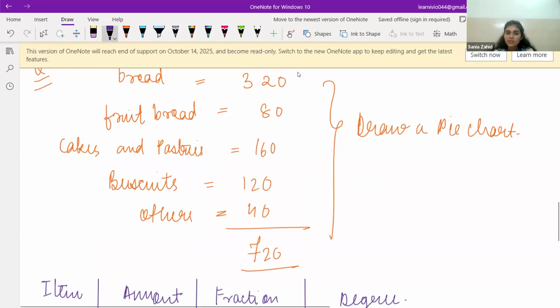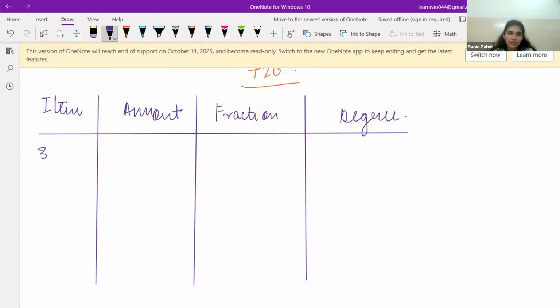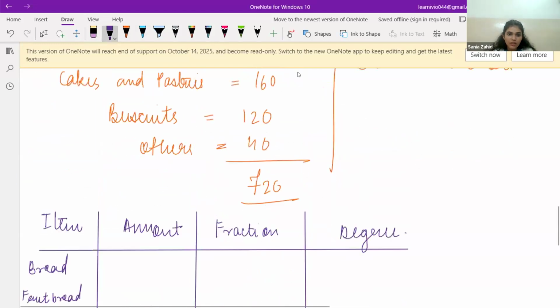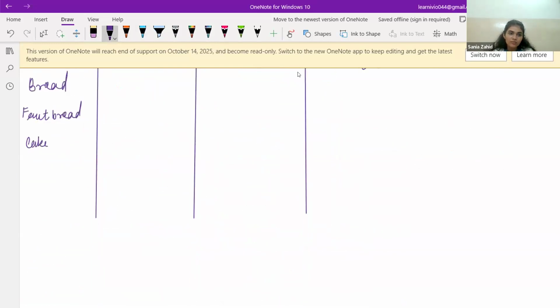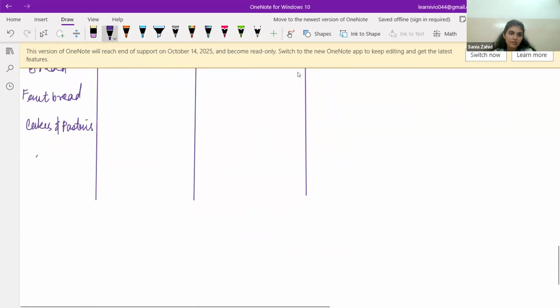Okay. The bread is 320. Wait. You have bread. Children, keep drawing with me. Bread. Then you have cakes and pastries. Then you have biscuits.